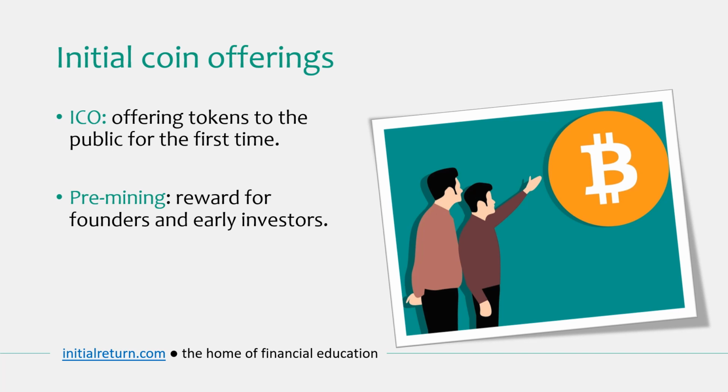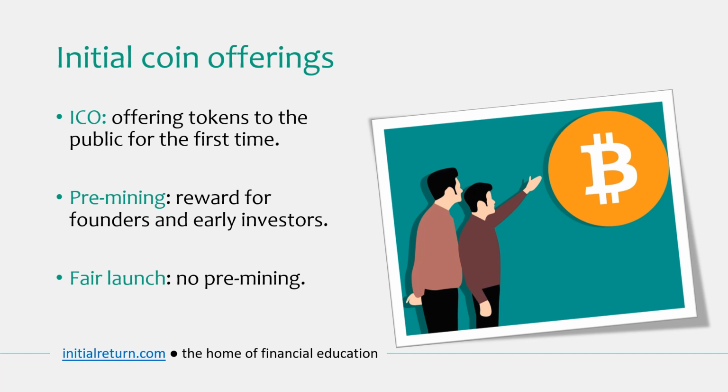And sometimes in IPOs, you observe that you issue both primary shares, which are new shares created during the IPO, and also secondary shares, which are existing shares sold by the existing owners, such as the entrepreneurs and venture capitalists. So pre-mining has a similar purpose. And there is another concept called fair launch.